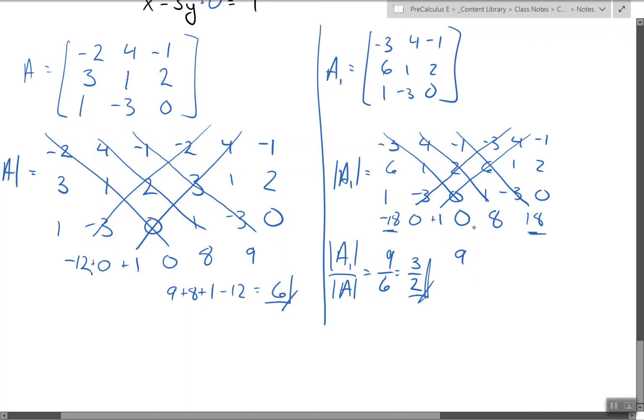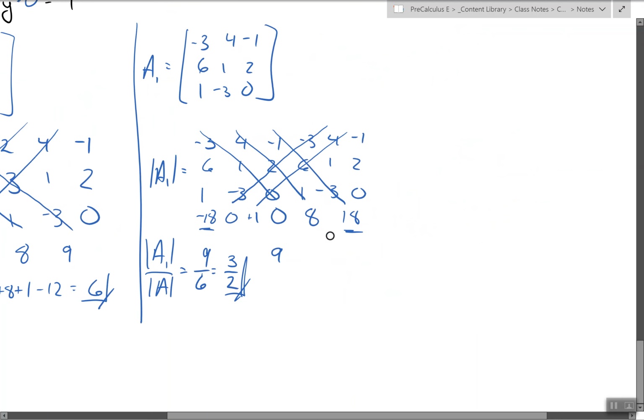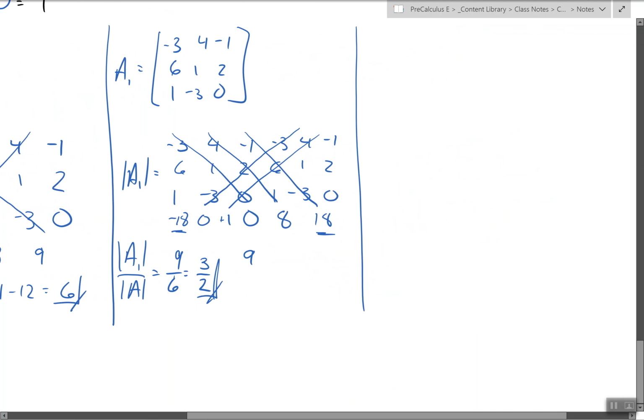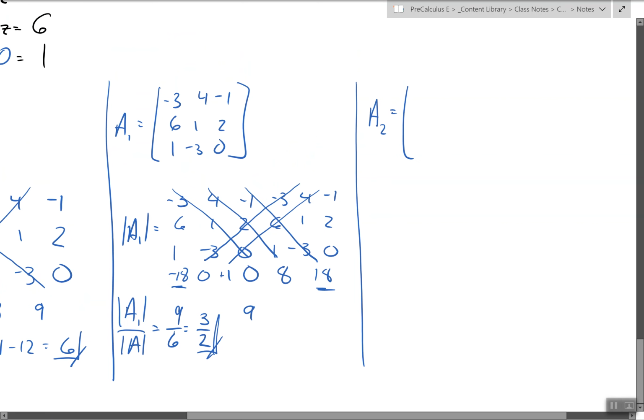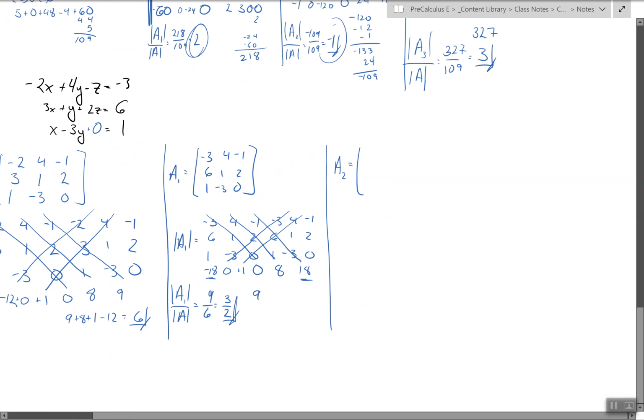So we go on to A2. So the first column is back to normal. So that should be -2, 3, 1. The second column is now -3, 6, 1, and the third column is still -1, 2, 0.